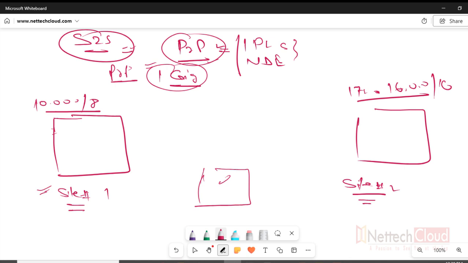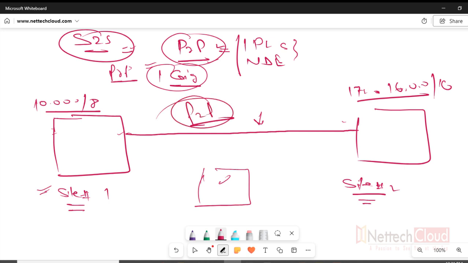Because it's a private leased circuit, you can assume as if you have connected both locations with a dedicated cable, a P2P or point-to-point leased circuit, right? So it's a big challenge, but at the same time very secure because it's a private leased circuit, there is no internet here.